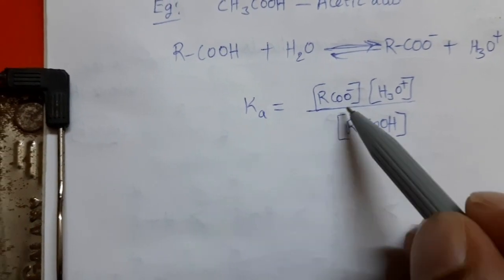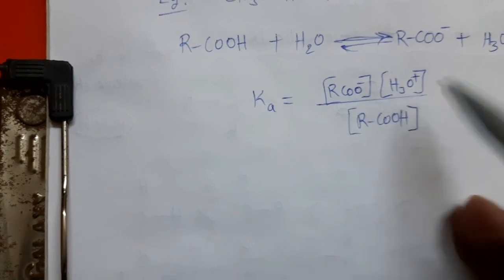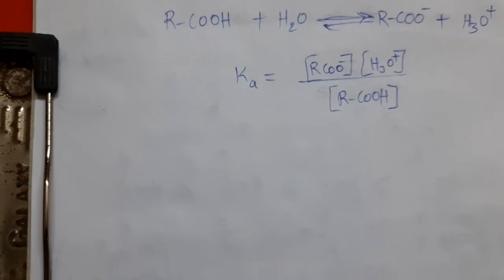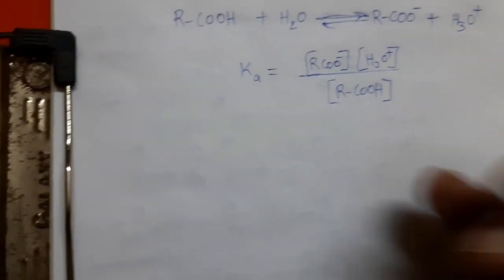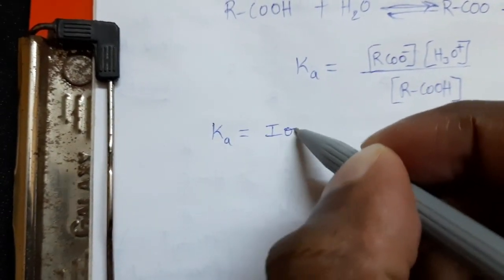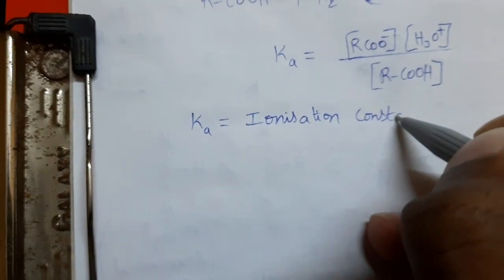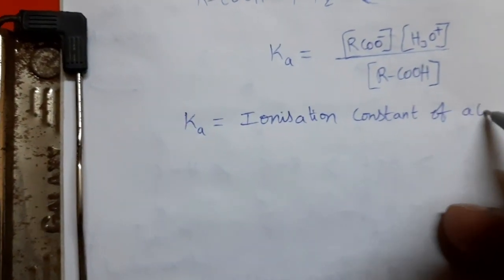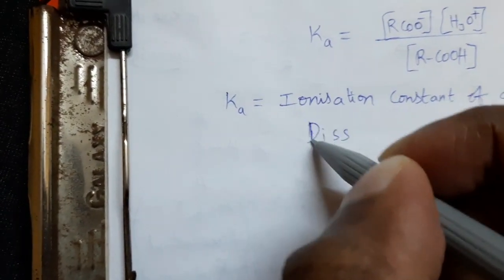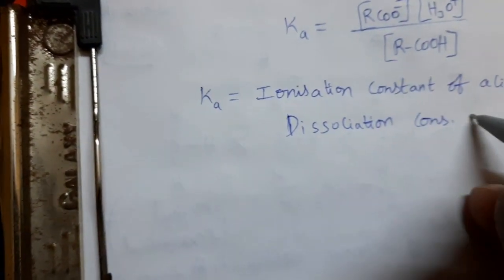Ka equals the concentration of RCOO minus times the concentration of H3O plus, divided by the concentration of RCOOH. Here Ka is called the ionization constant of the acid, or the dissociation constant of the acid.